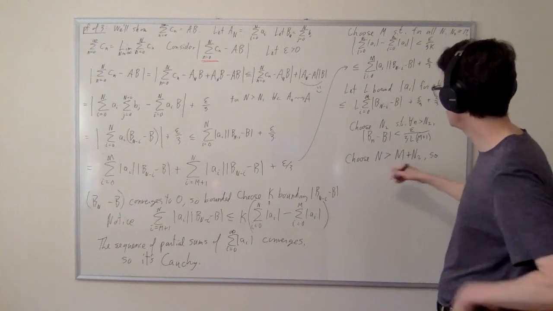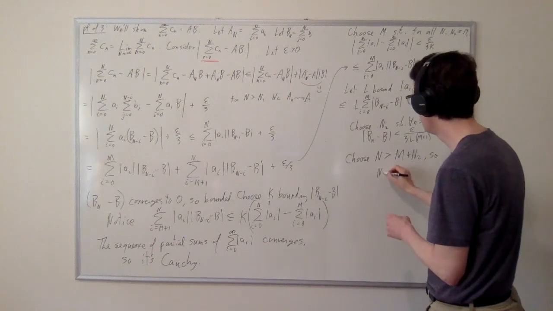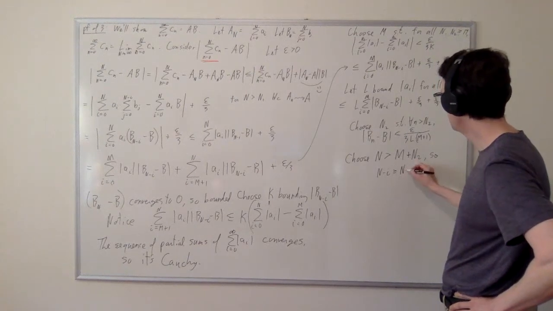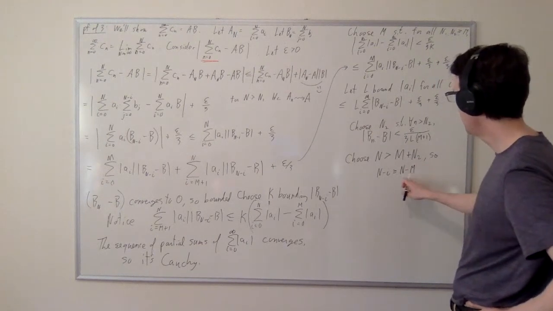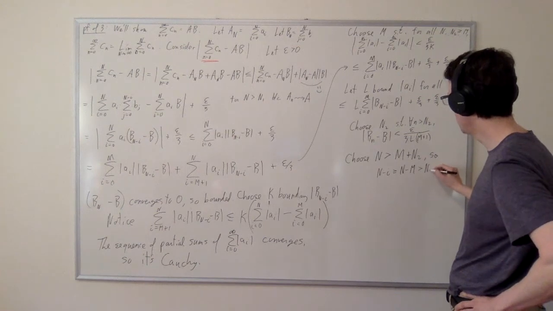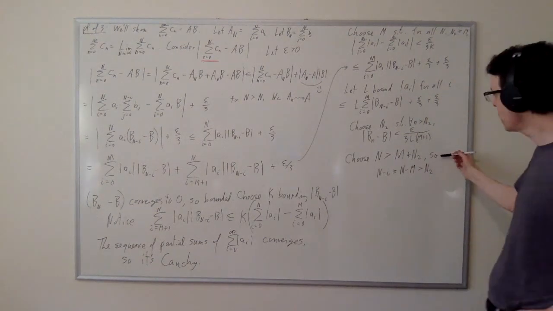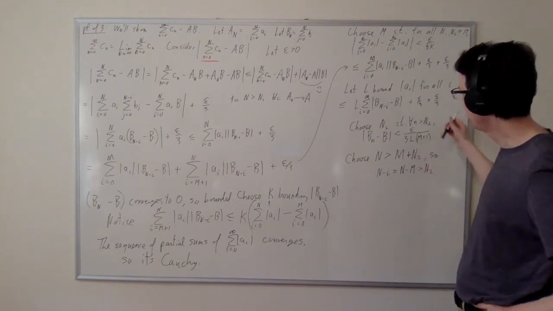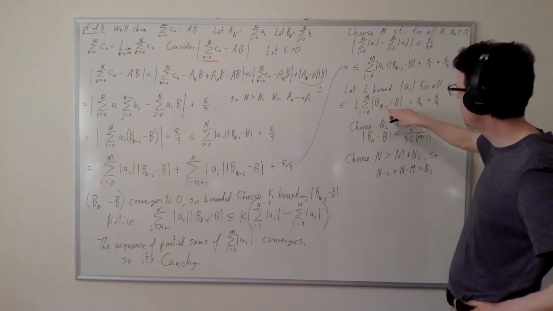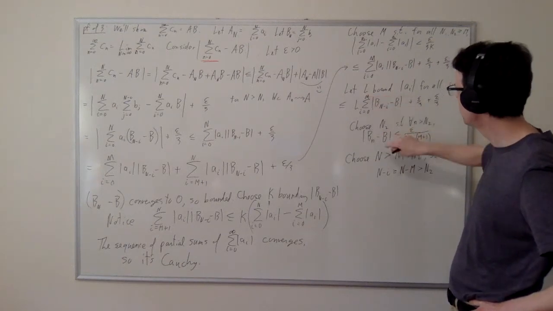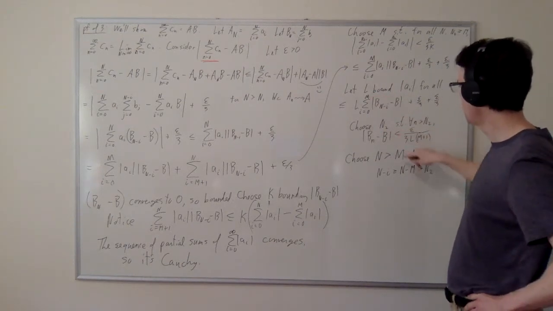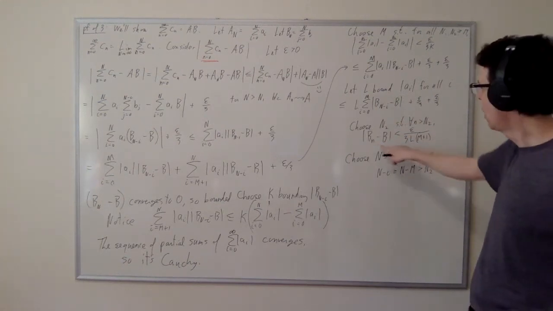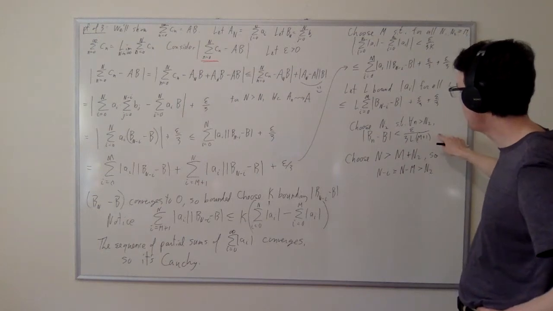So what's going to happen here is that N minus i is going to be greater than or equal to N minus m, and N minus m is going to be greater than n2. So the significance of this is we're choosing capital N so large that when we take N and subtract any i in this range, we will still end up with an index which exceeds n2 and activates this assumption on b_n minus b. So we will still have this.